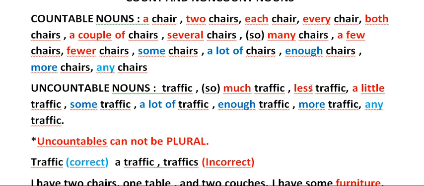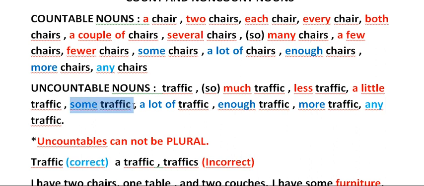And we can say less traffic, but we cannot say less chairs. We can say fewer chairs. A little traffic, so we cannot say a little chairs. A little traffic. Some traffic. A lot of traffic. Enough traffic. More traffic. Any traffic.